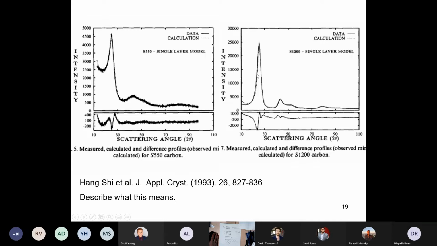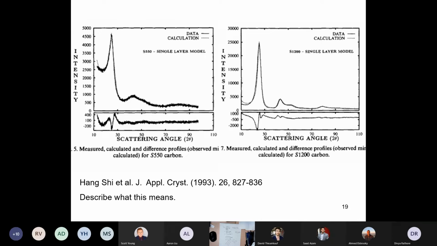And that's because there's more of these graphene sheets that are stacked in a parallel way. And if you take the half width here, I don't know what it is, maybe 4 degrees, and apply the Scherrer formula, you could make an estimate for how many sheets are stacked parallel. And this very first peak that you see is starting to become more prominent, and that's because the lateral extent of the graphene sheets is getting larger.